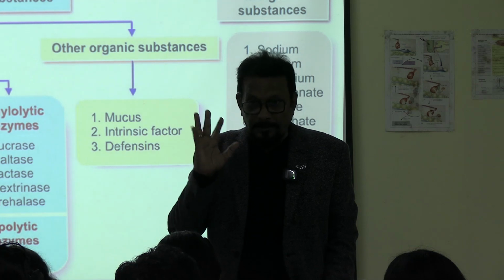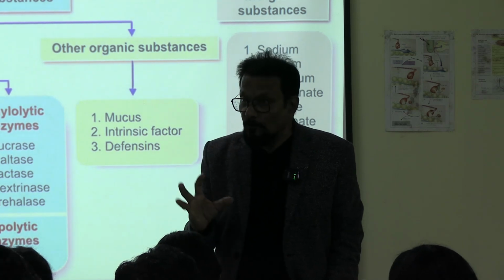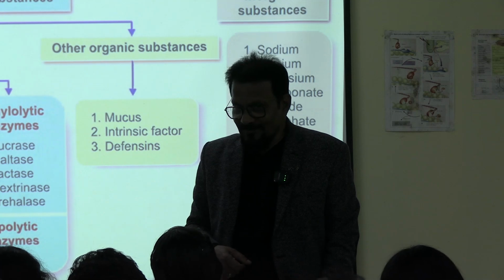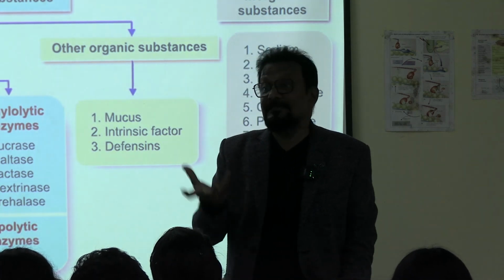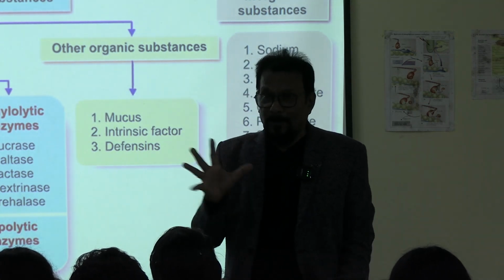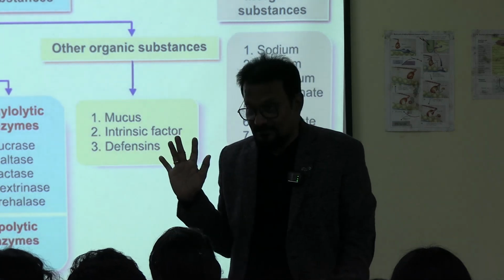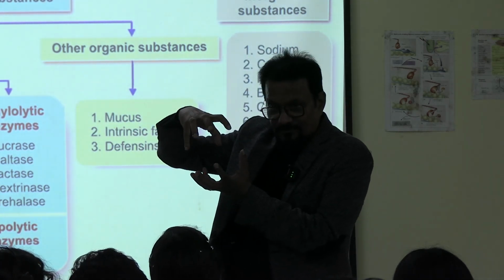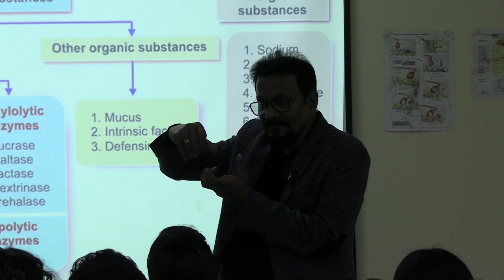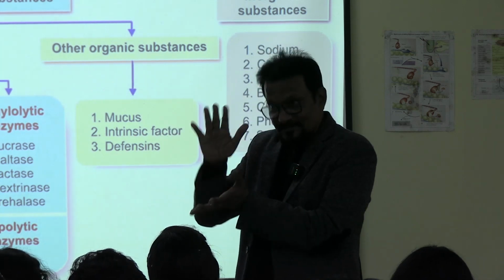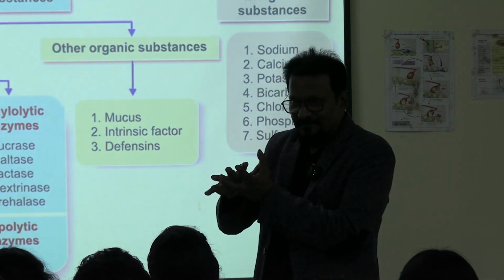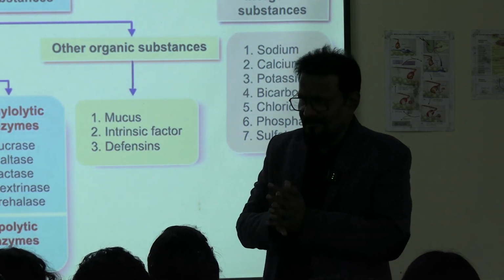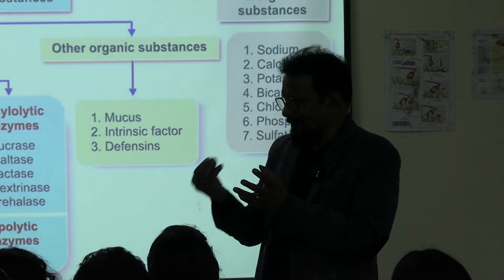Even after that, not all proteins have been converted into peptones. Native proteins are also there, undigested, and some proteins are partially digested. You went to a restaurant and took a lot of chicken.